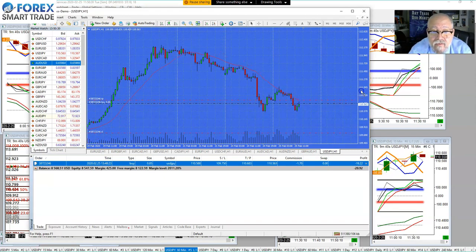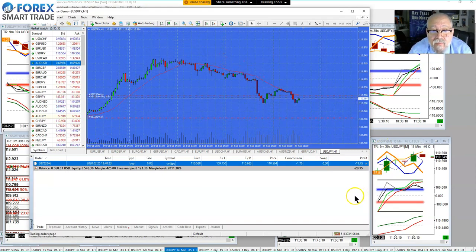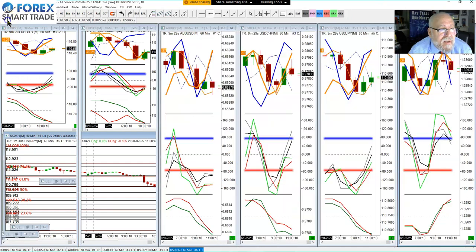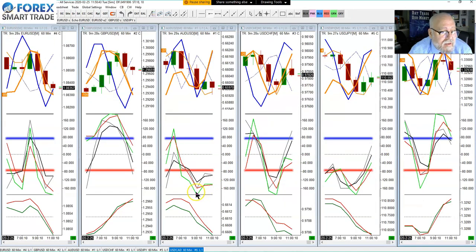And then I can see my take profit and stop loss. Now let's go back and take a look at our thick orange line, our 10-point trade. We are less than 10 minutes in the hour. Minus 98, so I'm not quite there. Just a point shy.